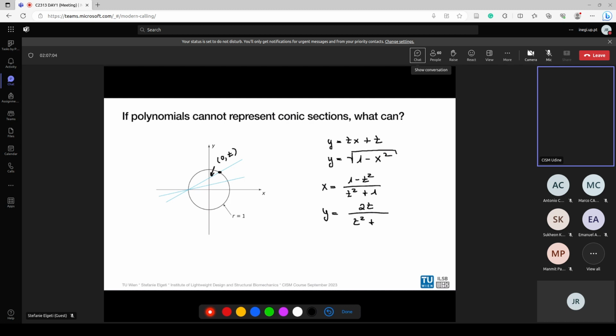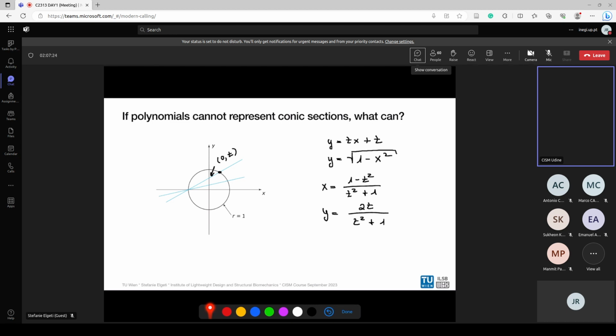So what we wrote here would be a new way of parameterizing the circle, because now we can reach all of these points on the circle using this expression with the parameter t that we previously recorded.